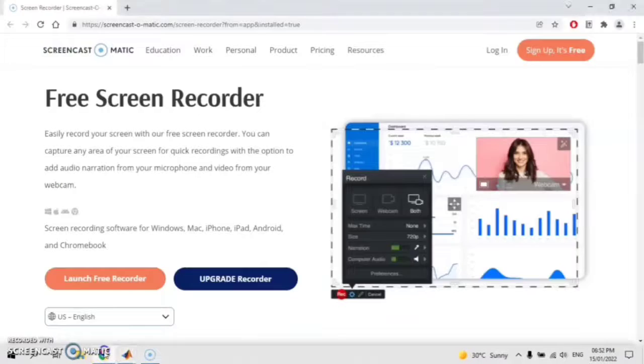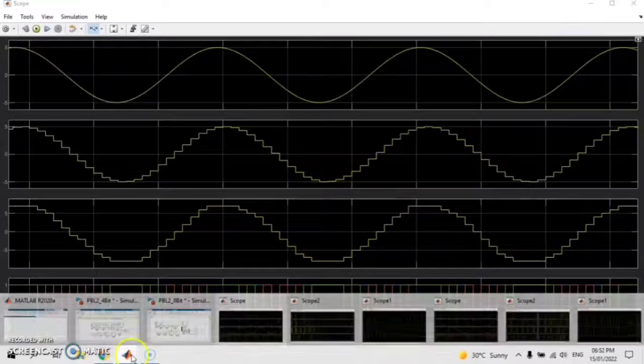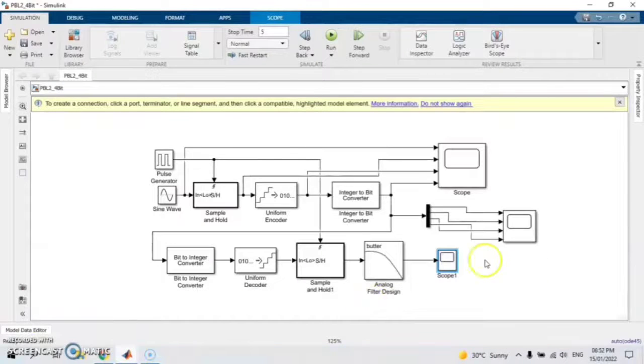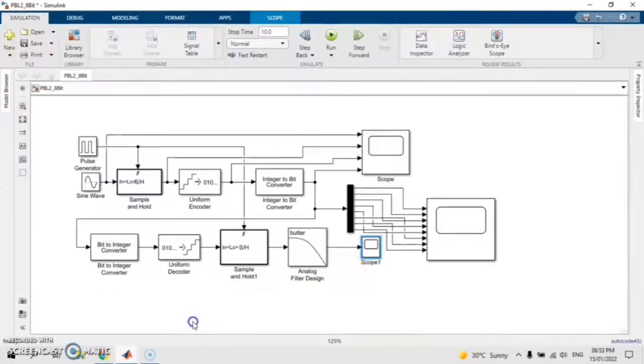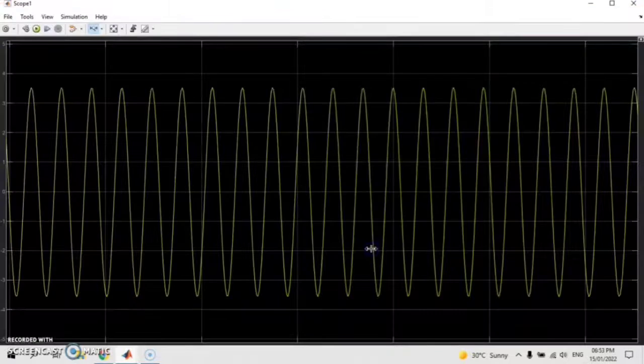But we can see from the decoded signal, which is this one, for the 4-bit one, the decoded signal is a bit low from the starting signal, which is 5. But on the 8-bit one, we get it a bit higher and closer to 5.